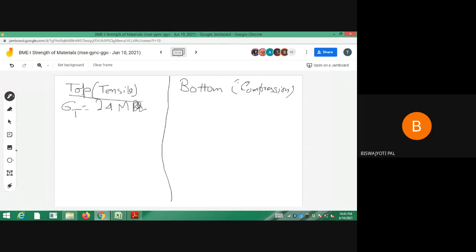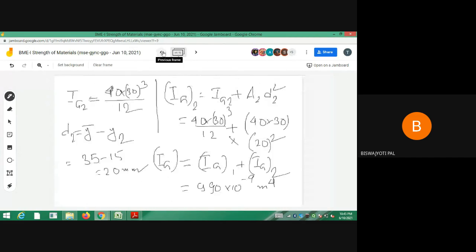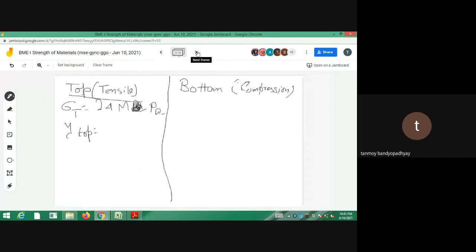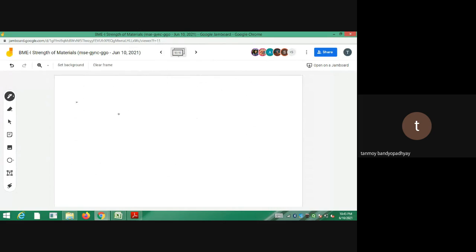Okay? Now I need to calculate the moment, so I have to calculate y top. What will be y top? In order to calculate y top, you forget everything. Let's draw an easy figure.